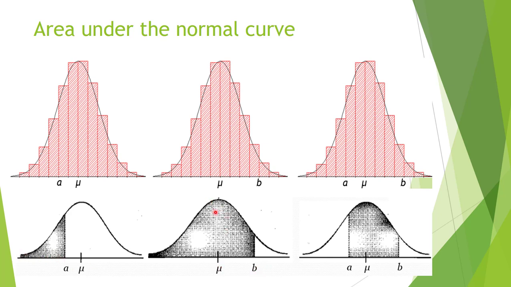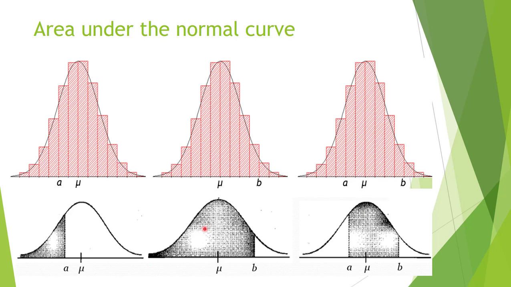What about this shaded area? It's the same thing. B will be a value, or a data point, here. And then the shaded area represents the percentage of data points that are smaller than B, because it's towards the lower end. What about the shaded area here?